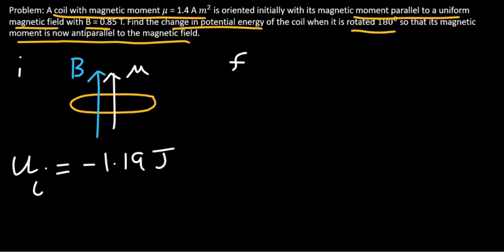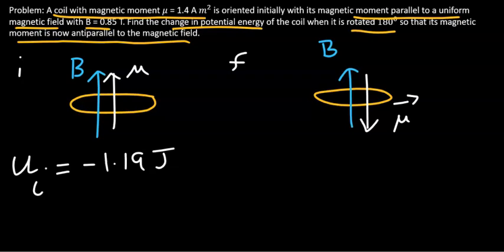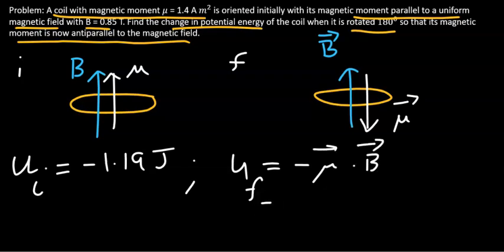Now let's look at the final configuration. So you have the loop and it's been rotated 180 degrees. So the field is that way. The magnetic moment is that way. So they are anti-parallel to each other. So the final magnetic potential energy is given by minus mu dot B, minus mu times B times cosine of the angle between them.